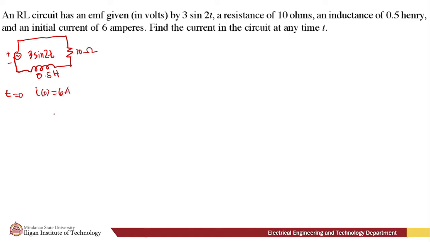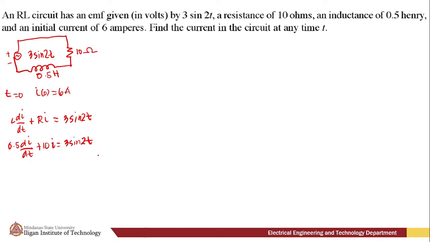Applying Kirchhoff's law, the voltage drops across our components are L di/dt for the inductance plus Ri for our resistor, equals the voltage source, which is 3 sine 2t volts. Applying the values of our resistance and inductance, we have 0.5 di/dt plus 10i equals 3 sine 2t.